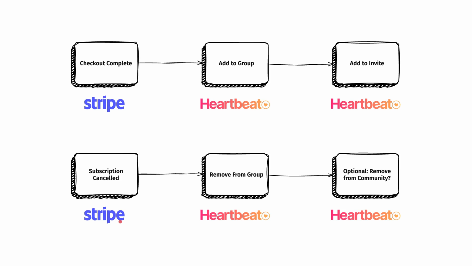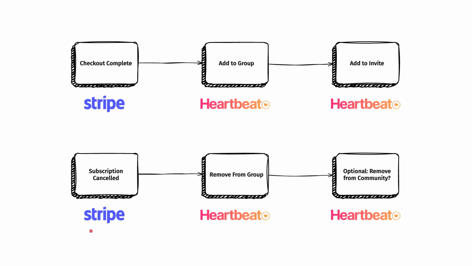And unless you are absolutely desperate to remove someone from the group or from the community the minute the payment fails, and you don't want to wait for Stripe to handle dunning, as in sending all those emails to the customer saying, hey, your payment has failed, update your subscription, my suggestion would be to make things a lot simpler, simplify your life, and simply wait for Stripe to offer the customer a few opportunities to update their payment details. And then if they don't do this, cancel their subscription.